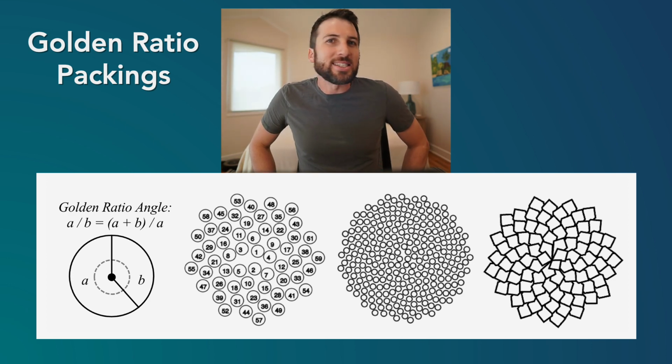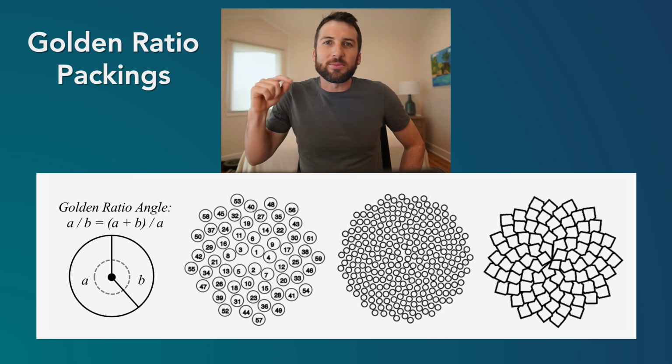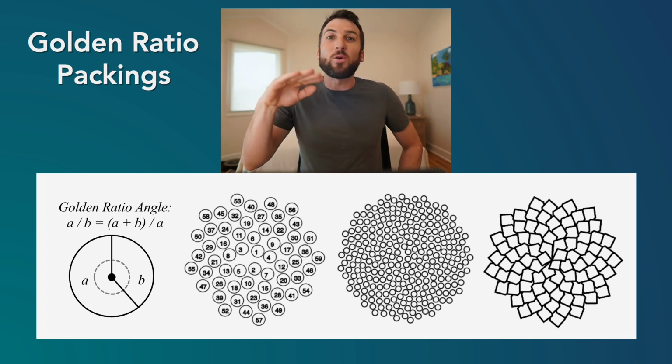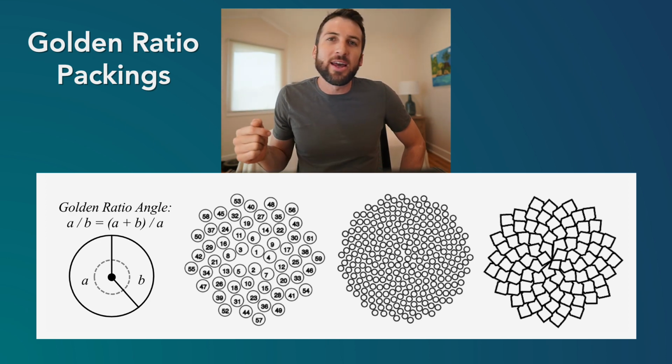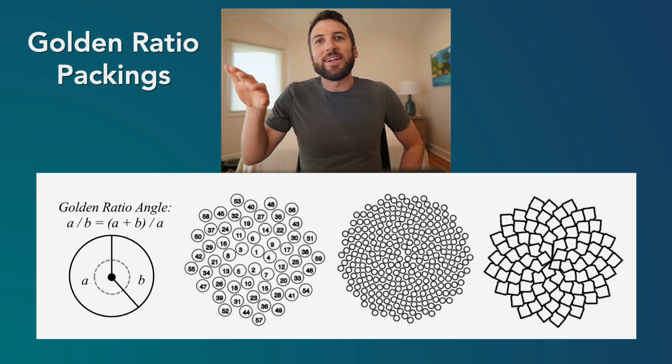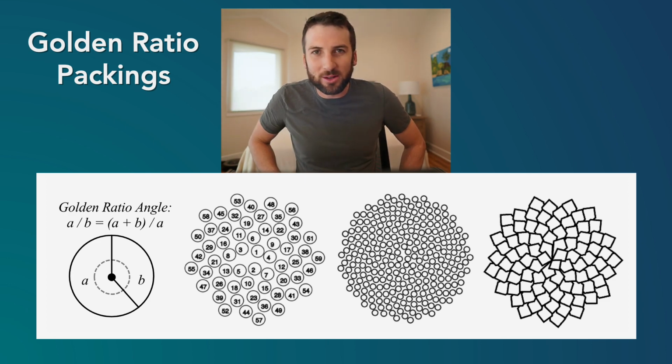So, for example, the 10th circle, the distance from the center is the square root of 10, and the 11th circle now rotates by the golden ratio angle, and now the distance is the square root of 11. The 12th circle is a square root of 12 from the center, and now it rotates by the golden ratio angle compared to the 11th.